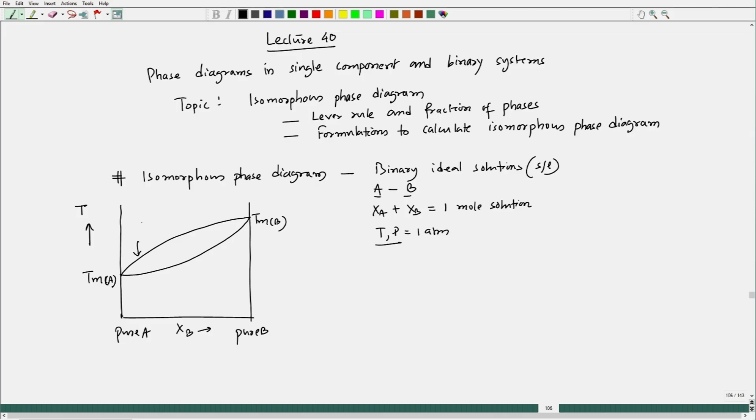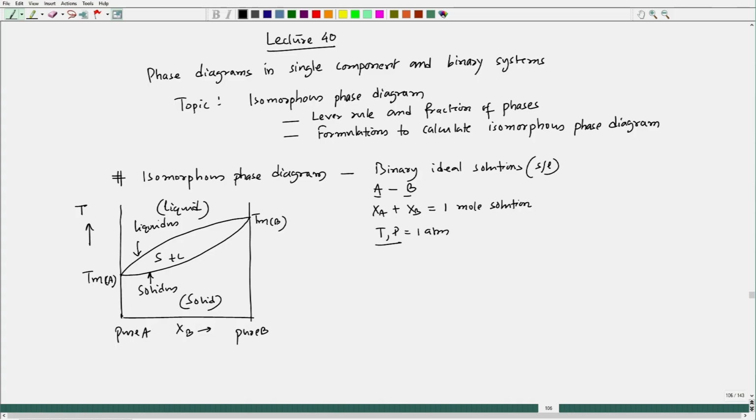This particular line is called liquidus, this particular line is called solidus. Below the solidus line everything would be solid, that means solid solution, and above the liquidus line everything would be liquid solution, and in between you have solid plus liquid, both will coexist, but of a particular composition. So, those are the pieces of information we got.